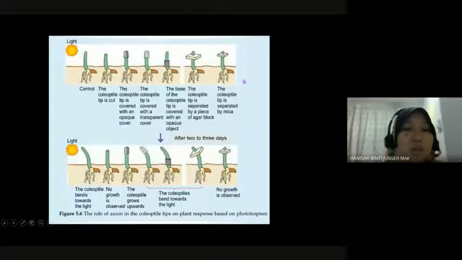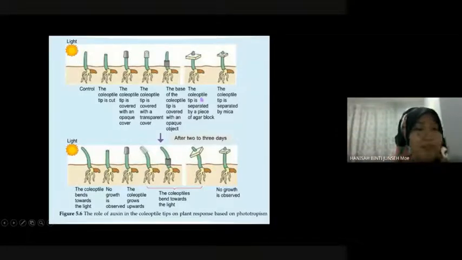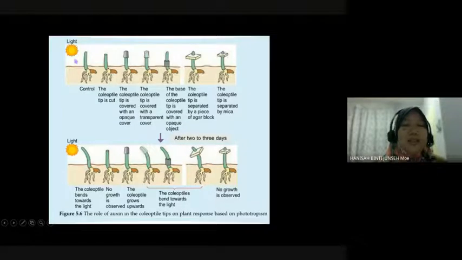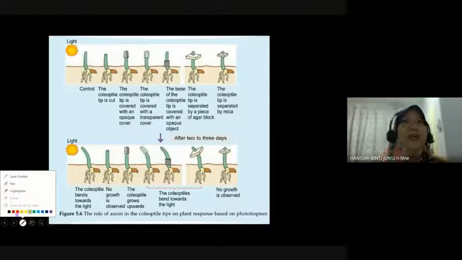Let's look at the before situation, 2 days before the reaction happens. Here you can see light is on the left side. The sunlight is over here, meaning the source of light is only on one direction. Dia bukannya betul-betul di atas. It's on one direction.